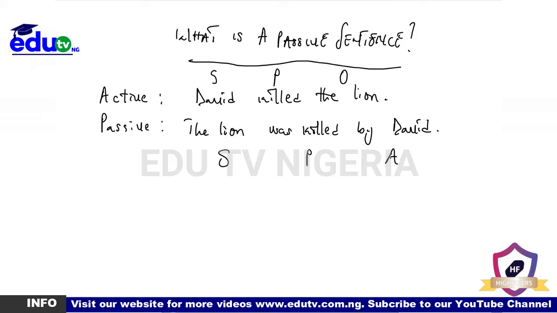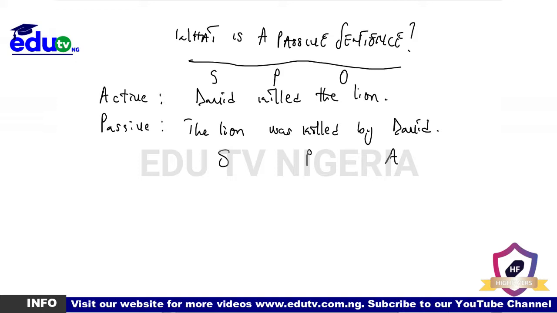So David as we have in the first sentence, and David also as we have in the second sentence. So they almost look the same when it comes to meaning making, because they have the same meaning. But then what now makes them different grammatically or structurally? That is where our description of the passive sentence takes place.